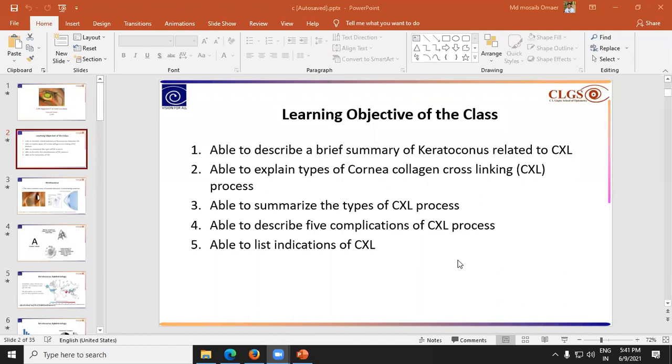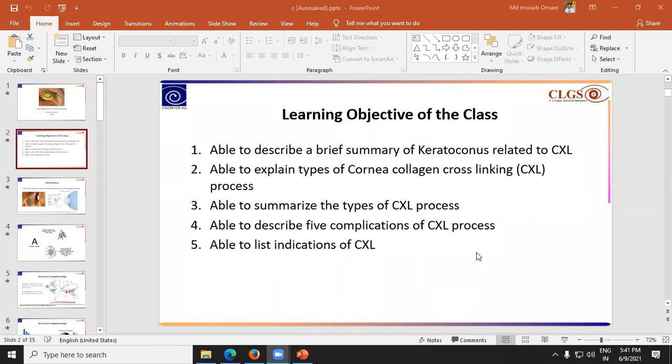Sir, the complications are corneal haze, endothelial damage, failure of treatment, post-operative ulcer, and herpes reactivation. Okay, fine. So corneal haze is the most common. Least common are corneal ulcer, failure of treatment, reactivation of herpes, sterile infiltrate, all those things.